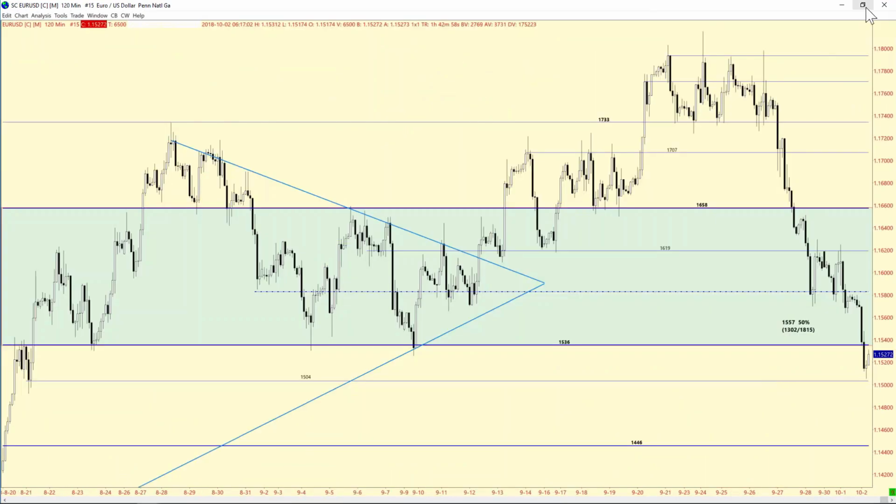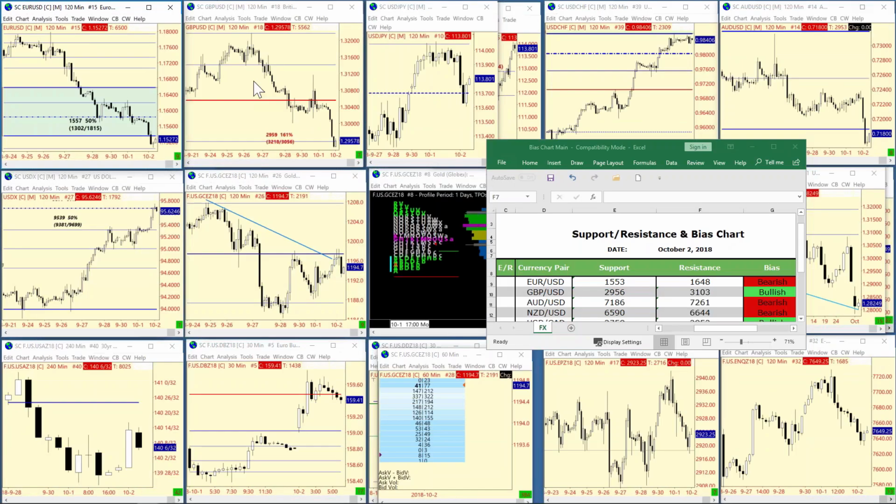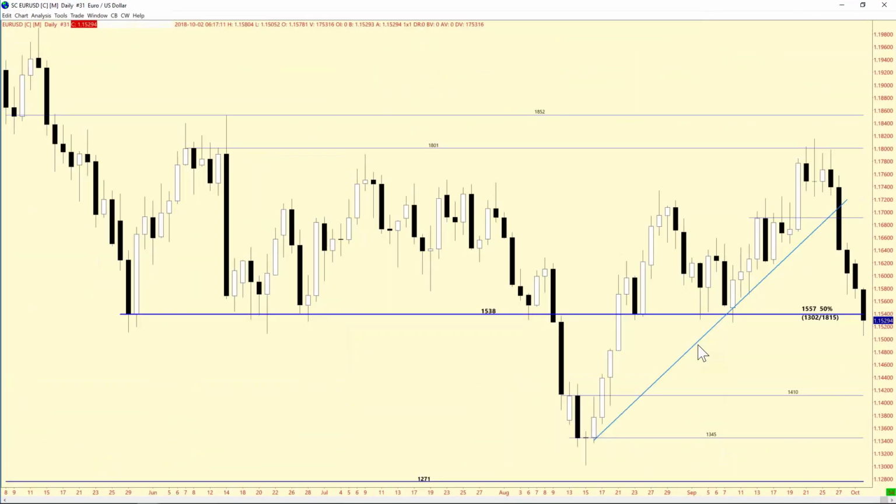Let's go and take a look at how we stand here on the daily. Pretty key if we close below 1538. Keep that in mind. That is very important. If we're not able to re-grab 1538, that would open the door for further downside. So I think the market is going to try and reclaim 1538 on the daily. So we know that's going to be key support on the daily.